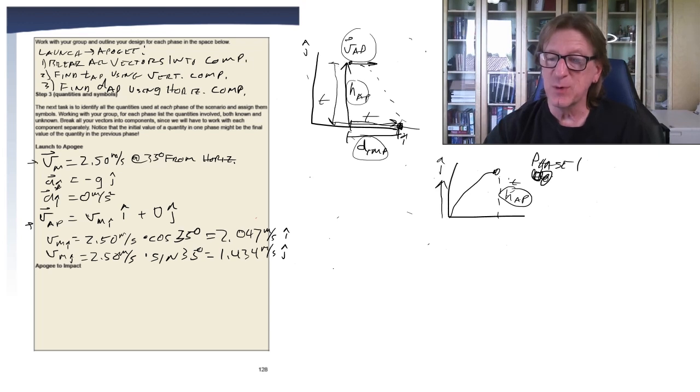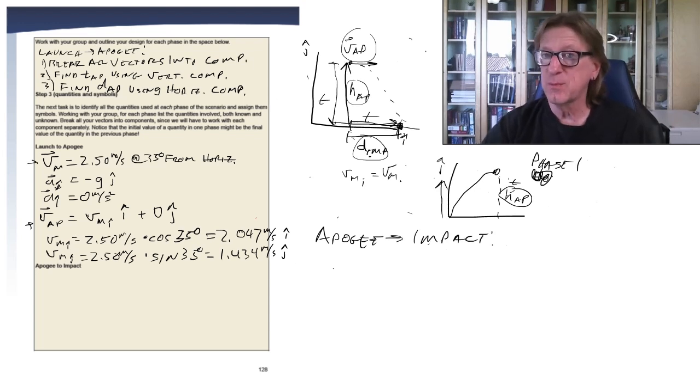Once I know my time horizontally, I know this. I already know my horizontal velocity. My horizontal velocity isn't changed, is it? So this is still going to be V initial x. It's not going to change at all. So that's going to be our plan. Let's go ahead and write it out, though. So from apogee, let's spell that correctly, we're going to go from apogee to impact.